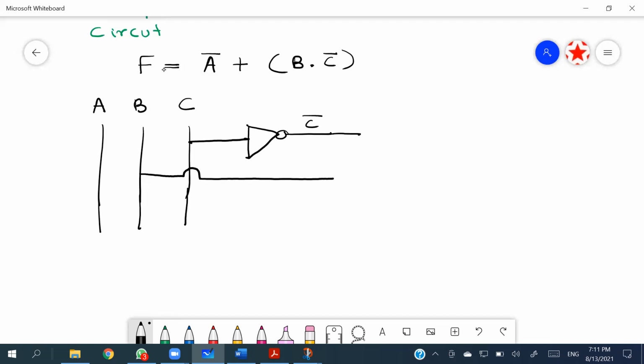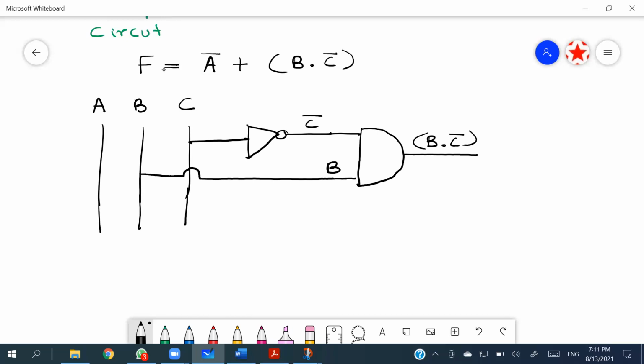Now you can send these two lines through an AND gate, and the output is going to give B dot C bar. Simple as that. Right? And when you have B dot C bar, you are done with the bracket.